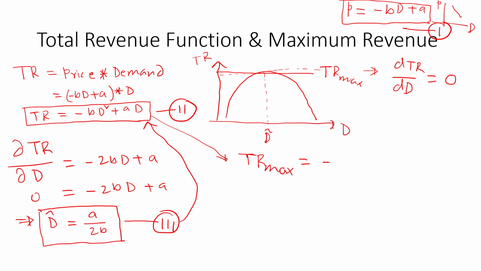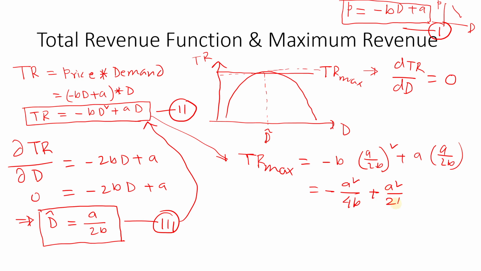So we're going to replace that D with A by 2B, whole square, plus A times A by 2B. Then we find minus A square by 4B, plus A square by 2B.